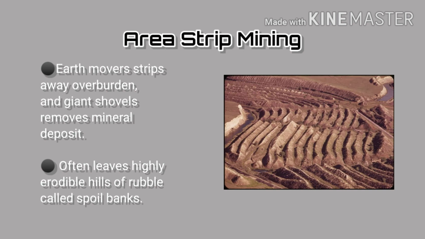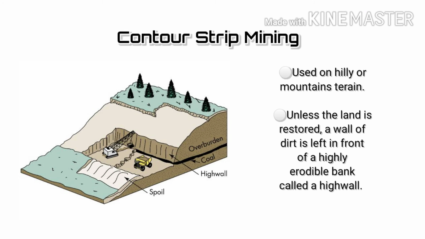Area strip mining. Earth movers strip away overburden and giant shovels remove the mineral deposit. Often leaves highly erodible hills of rubble called spoil banks. Contour strip mining, used on hilly or mountainous terrain.